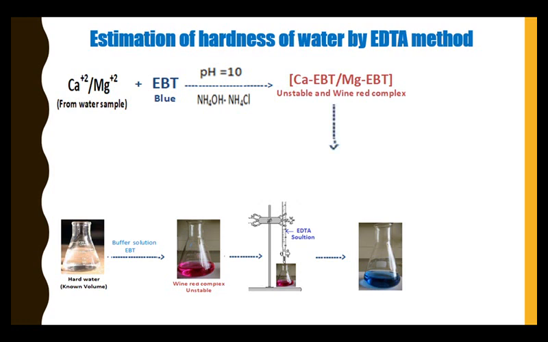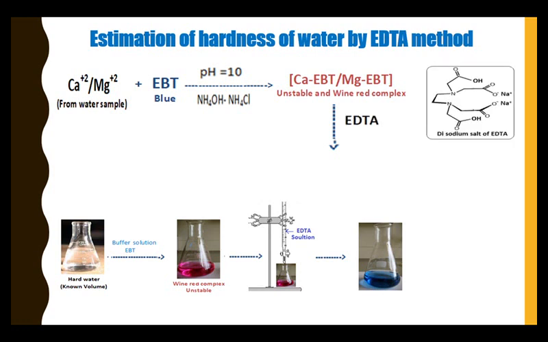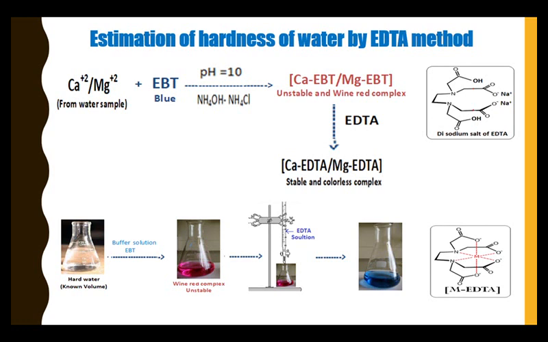When this whole solution is titrated against EDTA, first EDTA combines with free calcium plus 2 and magnesium plus 2 ions which are present in water. So calcium EDTA and magnesium EDTA complex is formed, which can be represented as MEDTA, where M is nothing but either calcium plus 2 or magnesium plus 2.